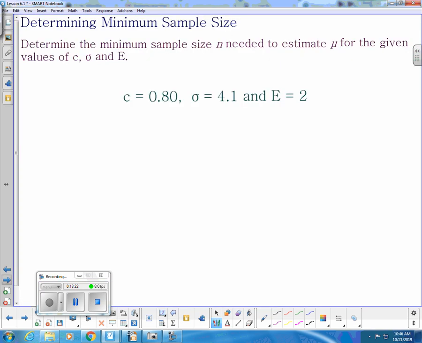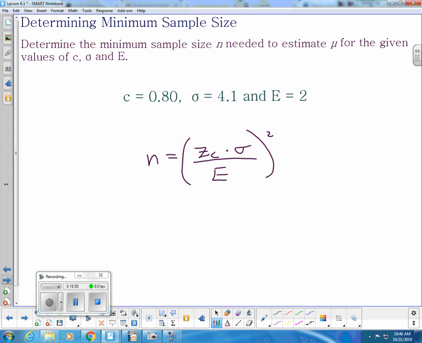So, determine the minimum sample size n needed to estimate the mean for the given values of c, standard deviation, and error. So we have what? n equals z sub c times standard deviation divided by E, squared. We need to figure out what z sub c is.